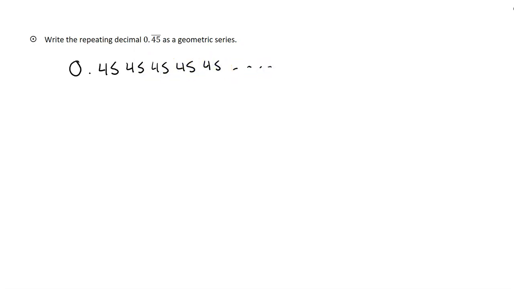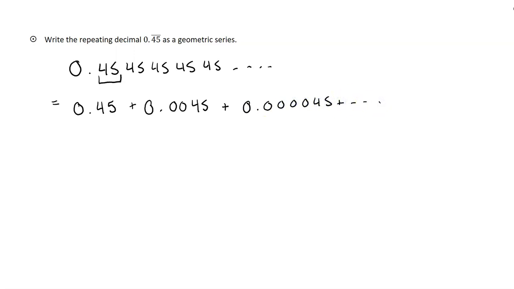And if we take that pattern as individual terms, like if I were to write this as 0.45 plus 0.0045 plus 0.000045, and so on and so forth, you can see that eventually we would fill in all of those 45s as we added those together if we just kept doing this forever.